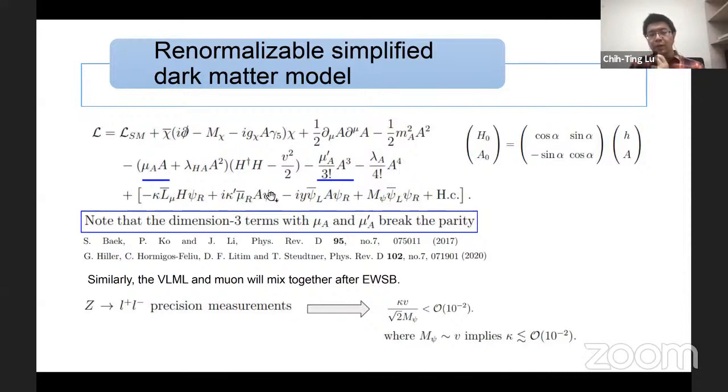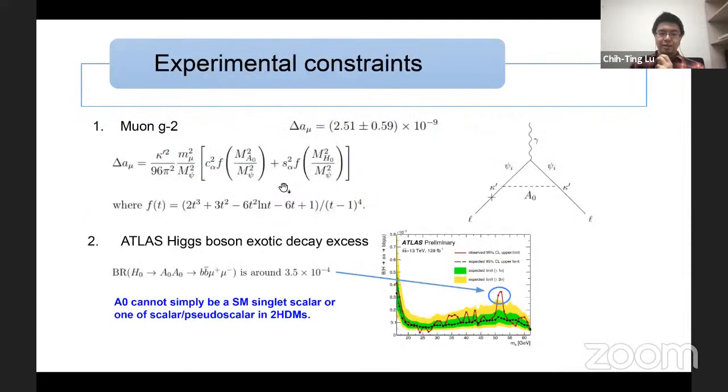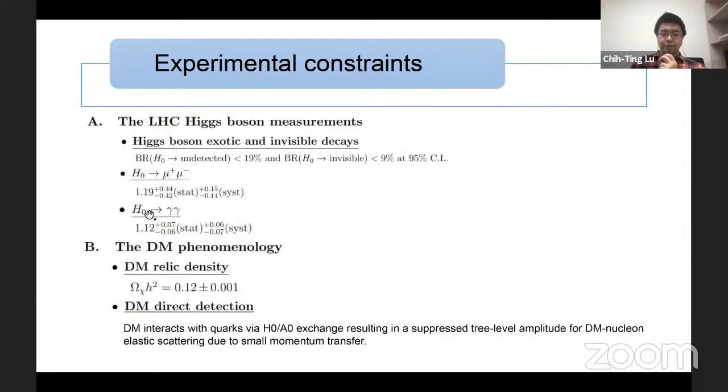So it will modify the particle A decay to mu plus, mu minus, such that the branching ratio of A0 to mu plus, mu minus will be enhanced, and we can more easily fit this branching ratio, even when we involve the constraint from the Higgs exotic decay needing to be less than 19%.